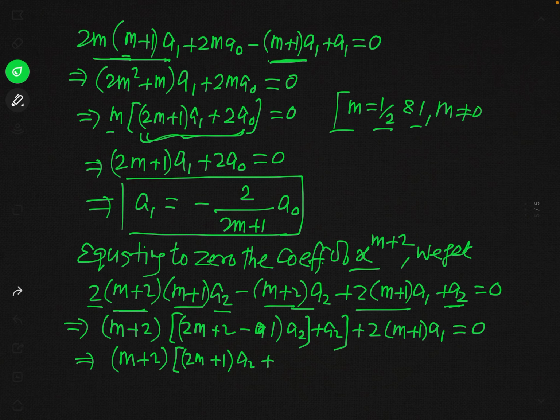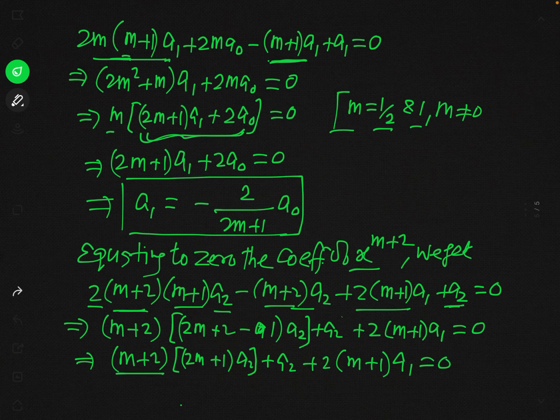Sorry, here m plus 2 is multiplied only in this, not in this a2. So this is a2 plus a2, and plus 2 into m plus 1 into a1, and this equals 0.